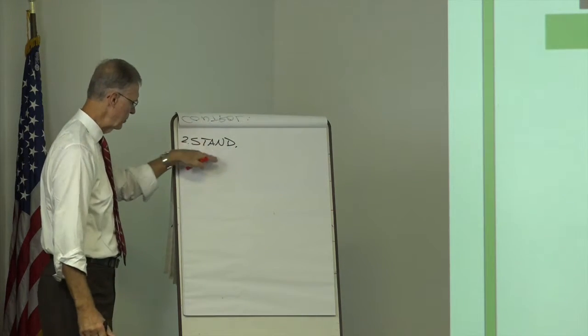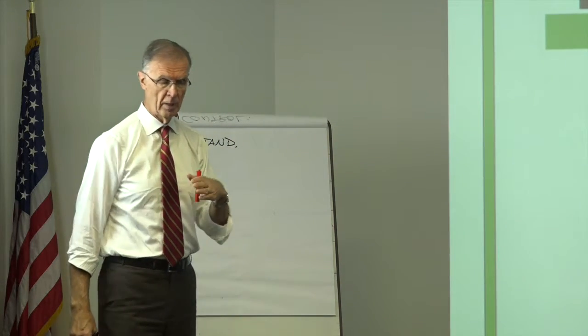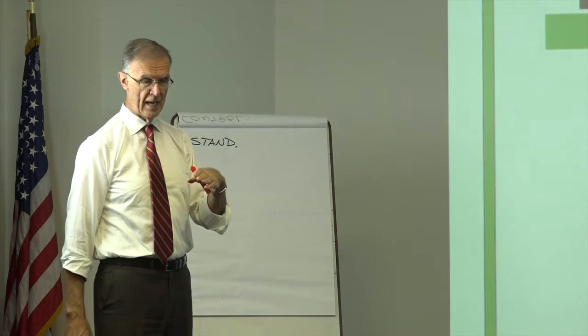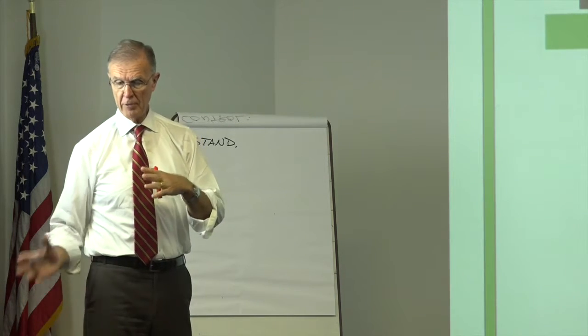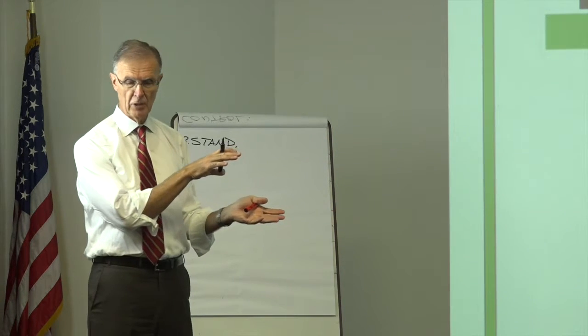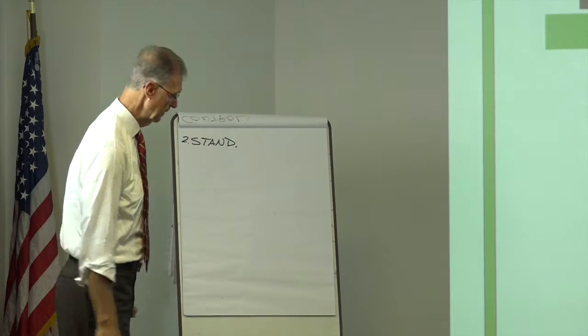Okay, so standardization seems like an easy thing to do, but it's actually pretty complicated, because one thing you have to be concerned about when you try to replicate ideas to other areas is that you have to deal with the not invented here syndrome, right? Okay.